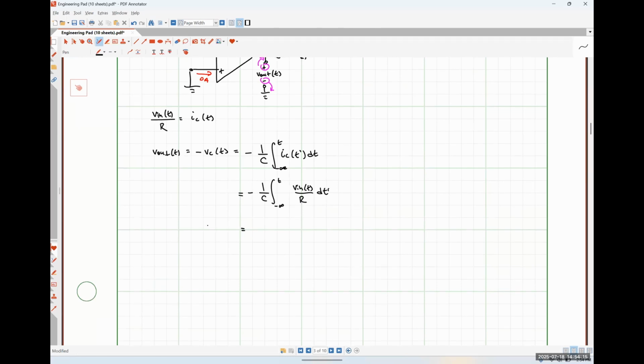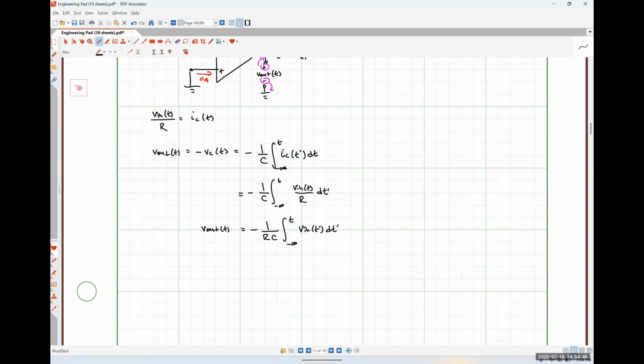And now I can simply pull that factor of 1 over R outside my integral because it's a constant, giving me the relationship Vout is equal to negative 1 over RC multiplied by the integral from negative infinity to t of my input voltage with respect to time. So this particular circuit integrates our input signal, scales it by a factor of negative 1 over RC, and gives us our output signal.